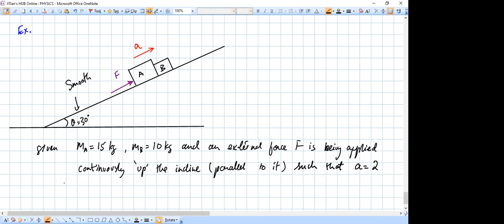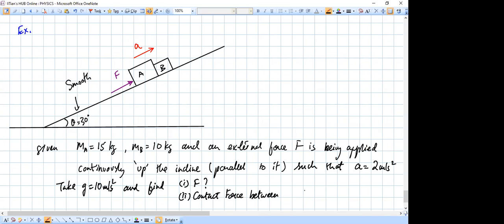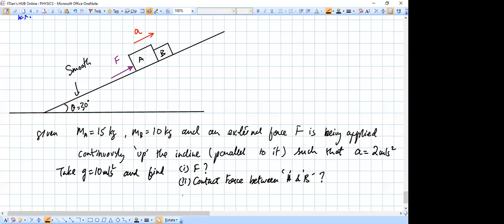So take g equal to 10 meters per second square and find F, then the contact force between A and B, and the normal reactions on A and B by the inclined plane.